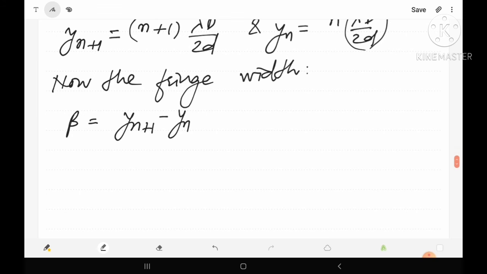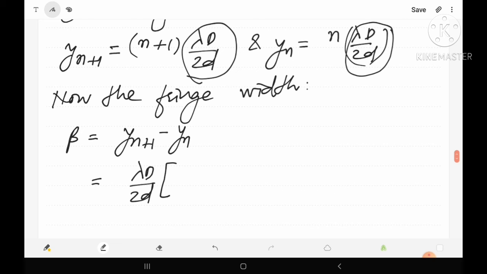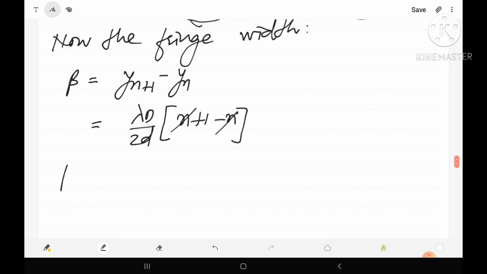Now let us substitute the values. Lambda D upon 2d is common, so take it common. Lambda capital D upon 2 small d, and inside the bracket we have n plus 1 minus n, and n will be cancelled out, so beta is equal to lambda capital D upon 2 small d.